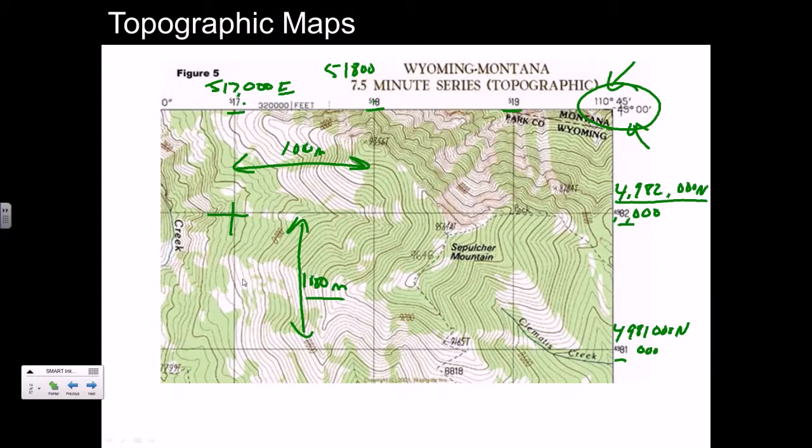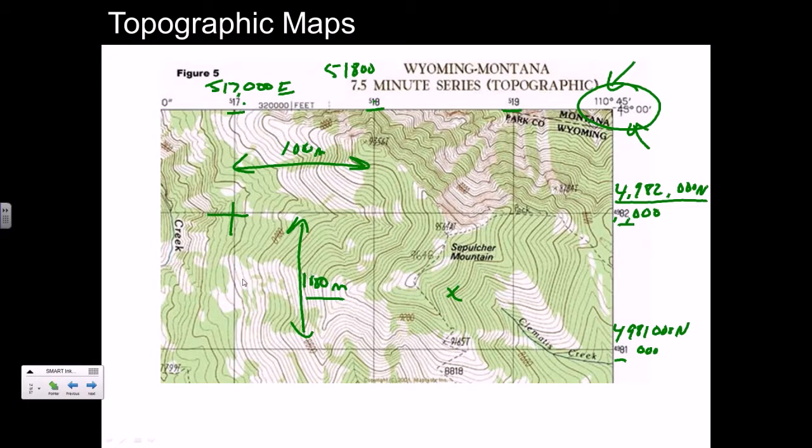So let's say I had a location I wanted to precisely measure. We'll do this in a more accurate way in a little bit, but I'll just put an X here, roughly where I want to be.